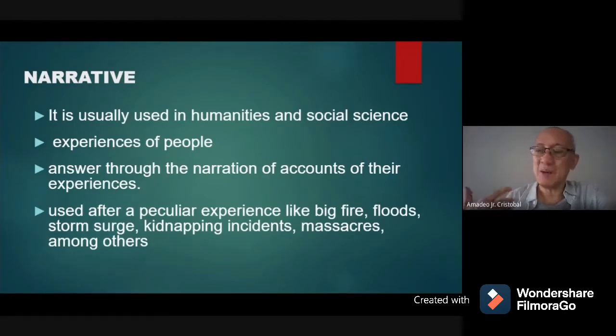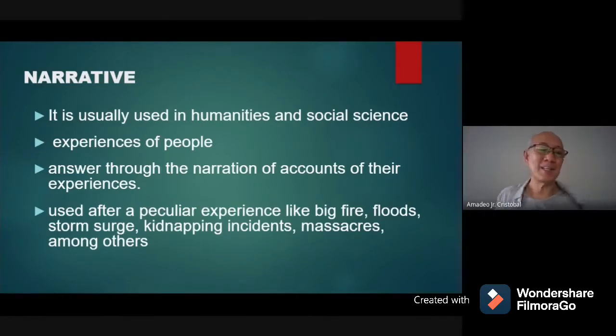So what are some examples of peculiar experiences? One, a big fire. When there is a big fire, you can do narrative research about the victims of the big fire. Then the victims of flood, storm surge, especially what happened in Tacloban.